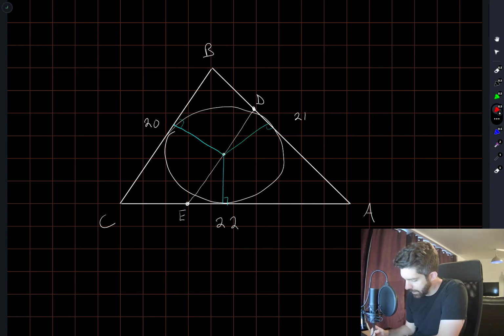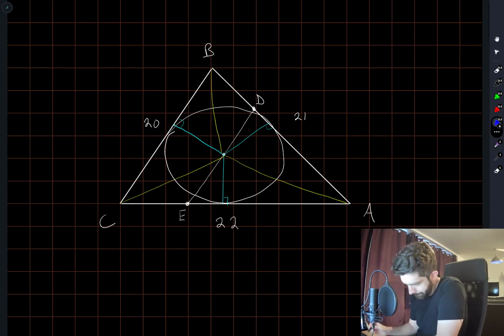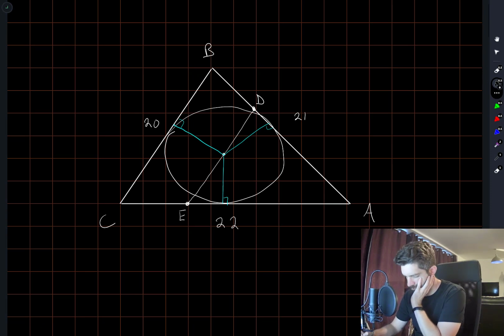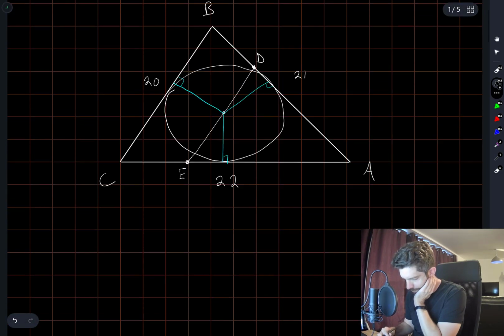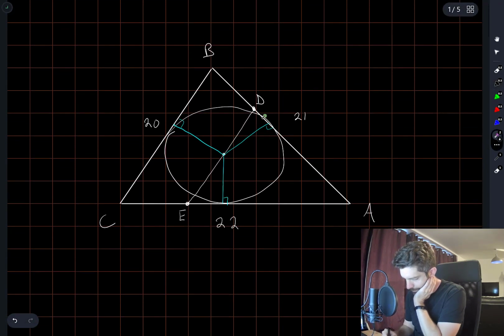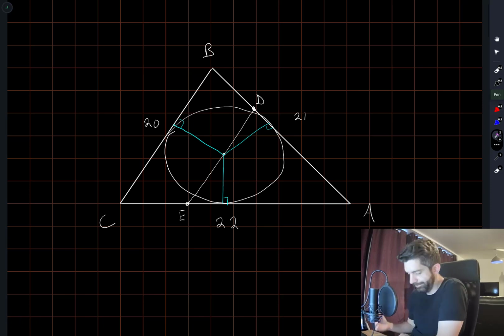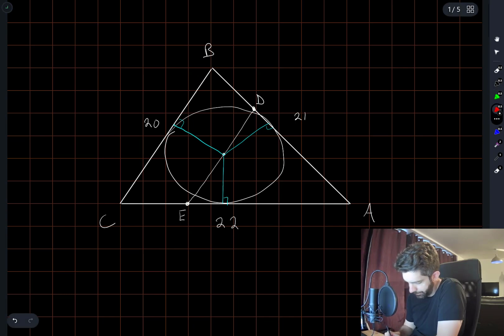So those three connections are probably worth making, and maybe also drawing from the center of the circle to these three vertices. I think it is correct to say that this point is on the correct side of this intersection. Well, let's say the radius of the circle is r. I'll start with that.